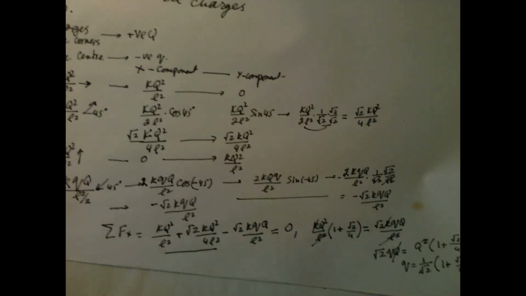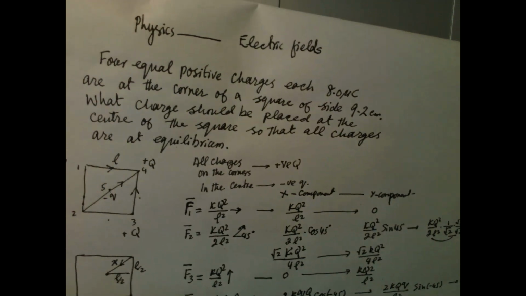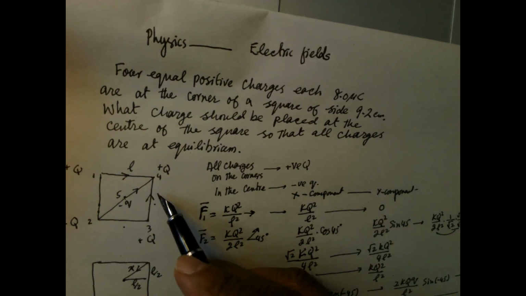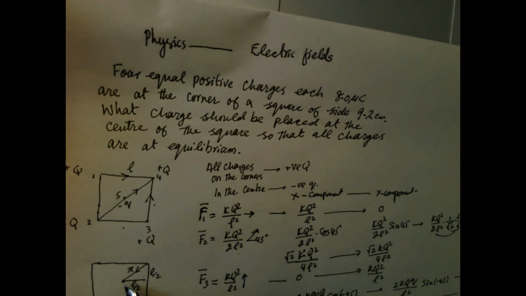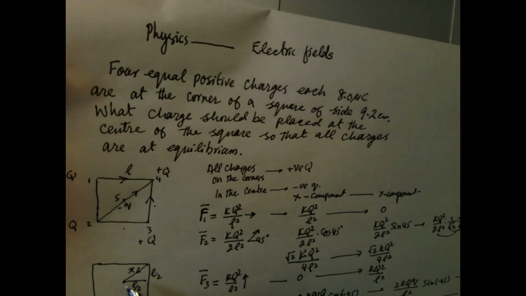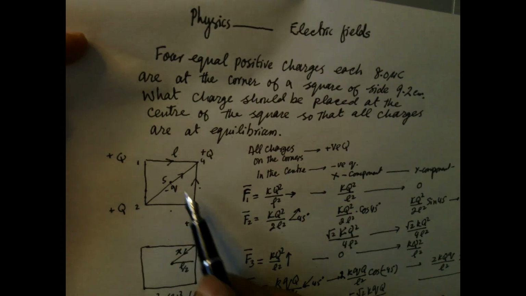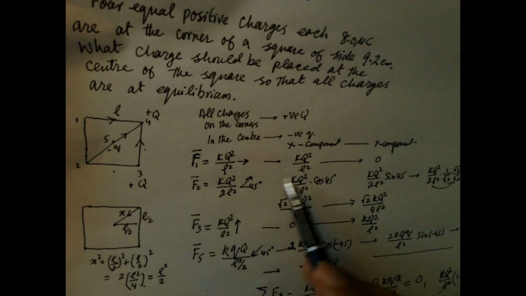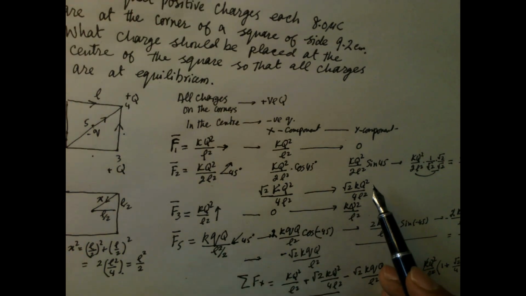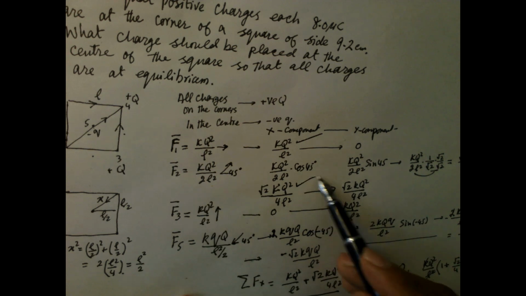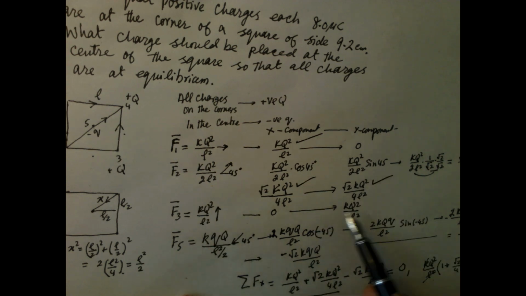So this is the answer to the question. This is an interesting question. Four positive charges on the corners and one charge should be at the center so that the system is in equilibrium. First find forces 1, 2, 3 and then their components: F1 component, F2 components, F3 component.